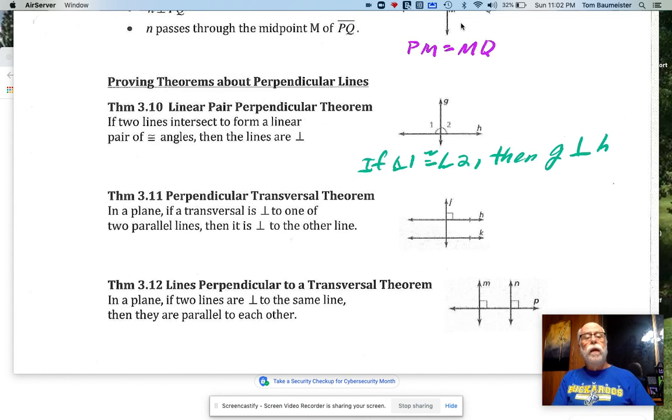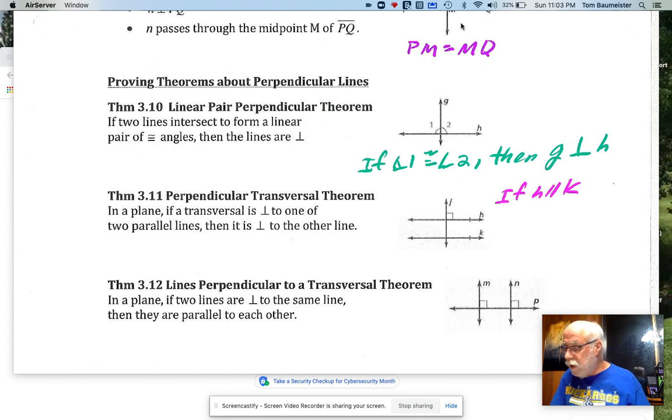Theorem 3.11, perpendicular transversal theorem. If in a plane, a transversal is perpendicular to one of two parallel lines, then it is perpendicular to the other line. So what this one's telling us is if H is parallel to K, which we should know because we see those two arrows there, so we know that they are parallel.